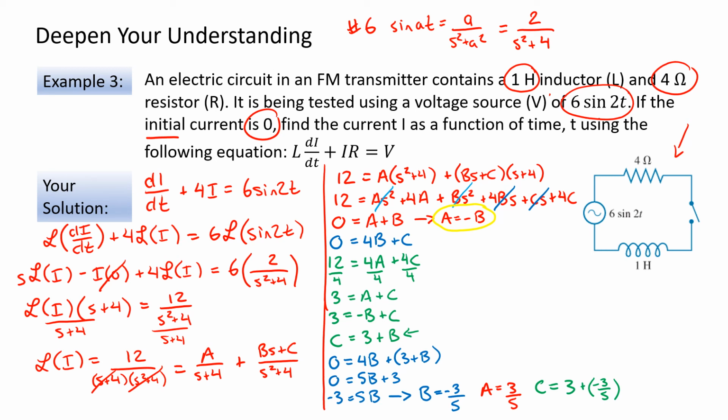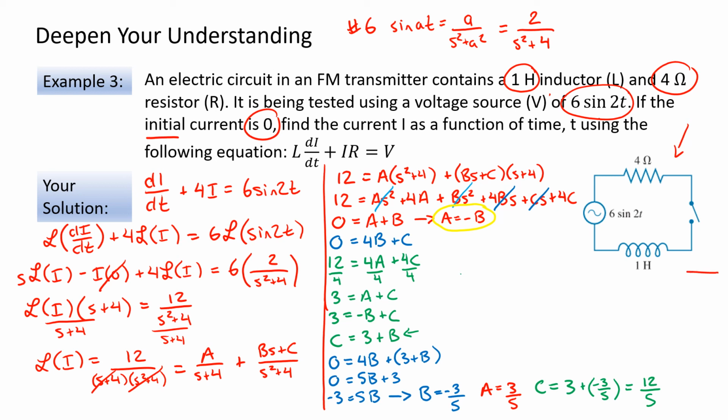And if you solve for that, okay, 3 plus negative 3 over 5 is 3 minus 3 over 5, okay, which gives us a value for c of 12 divided by 5, okay? So now we have all three terms. Remember, back to our partial fraction here.